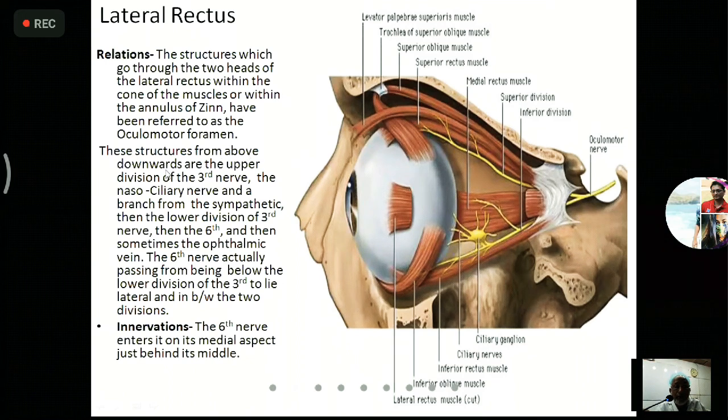The structures from above downwards are the upper division of the third nerve, the nasociliary nerve, the sympathetic fibers, then the lower division of the third nerve, then the sixth nerve, and then the ophthalmic vein. The sixth nerve is supplied by another nerve. This is not supplied by the third nerve.